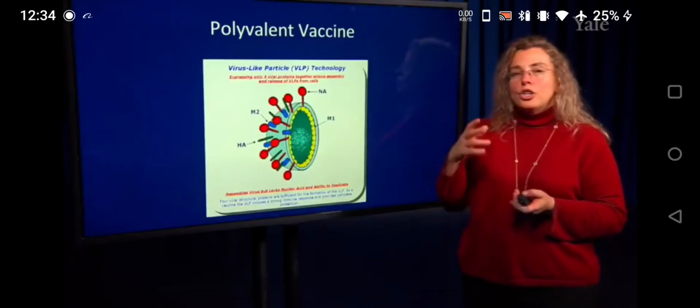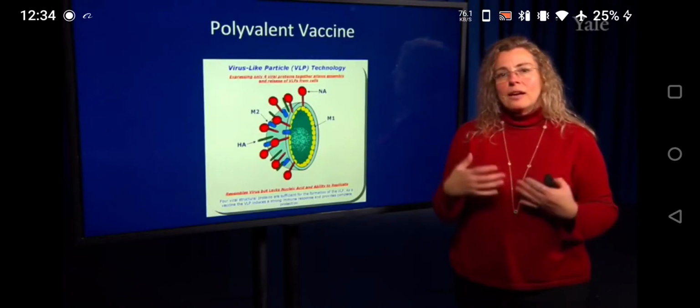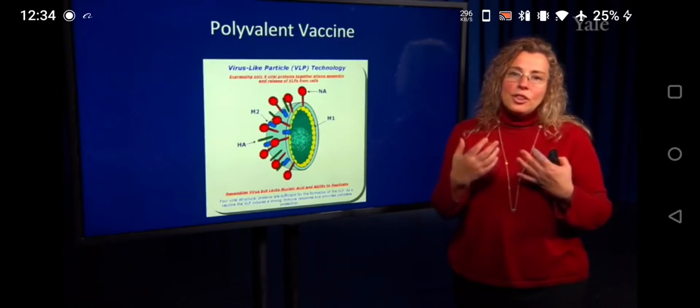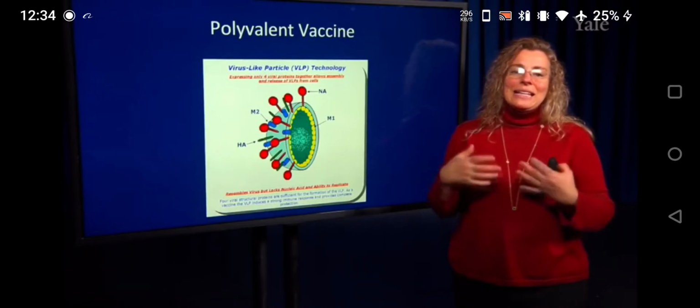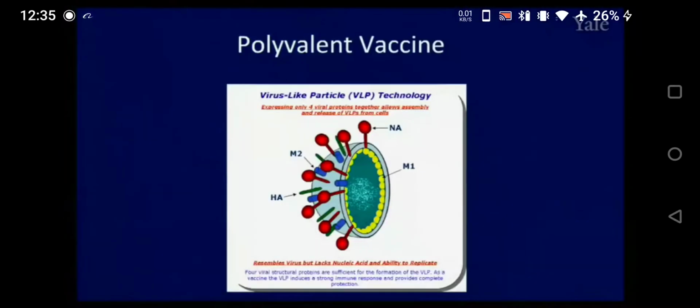Another new way of developing vaccines, again, is to try to trick the immune system into thinking that it sees an actual pathogen. And that's shown here with this virus-like particle.